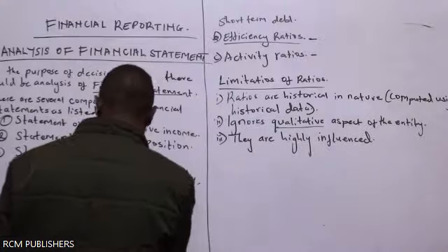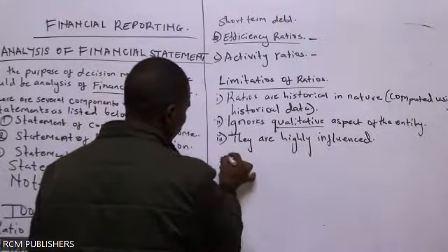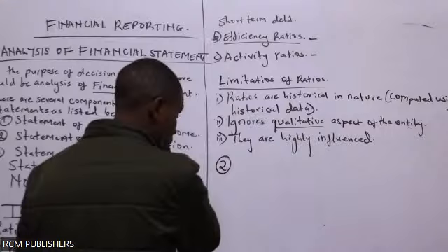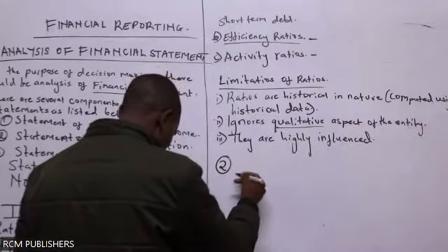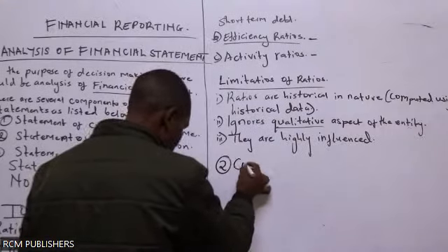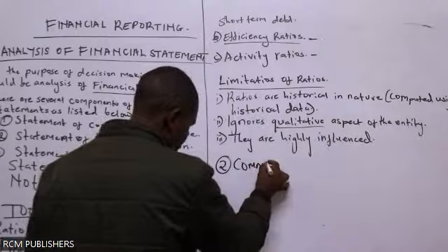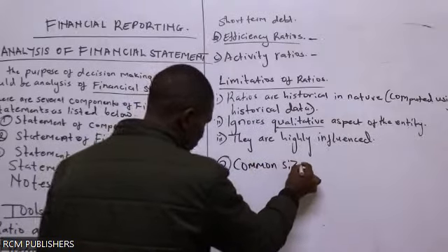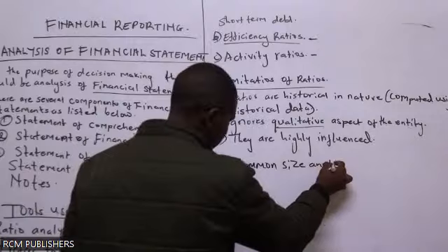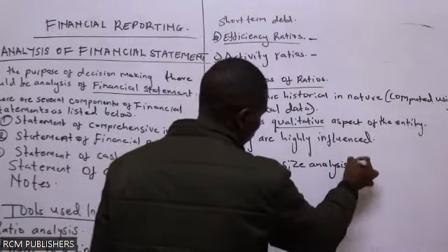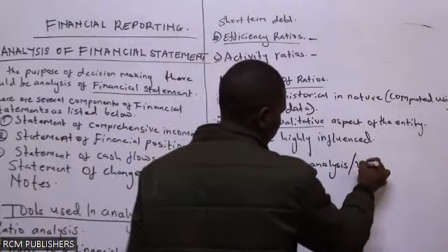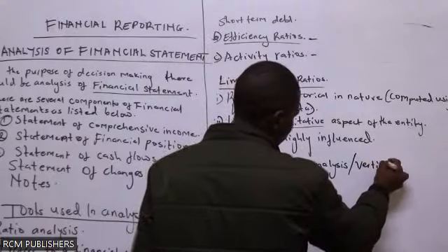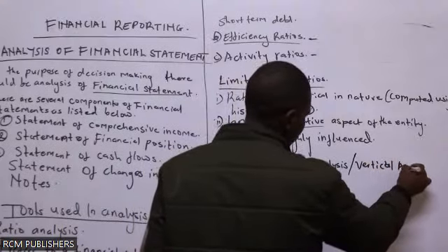Then the next one, this is one. Tool number two is the common size analysis, or vertical analysis.